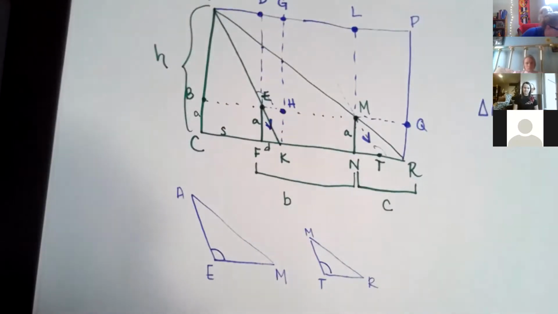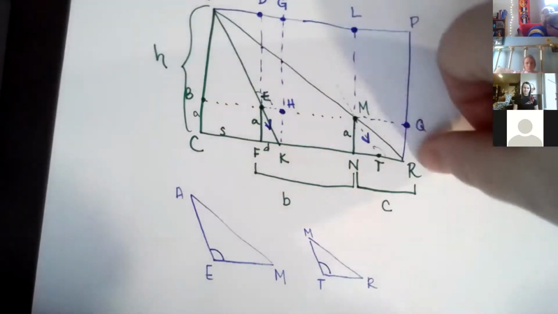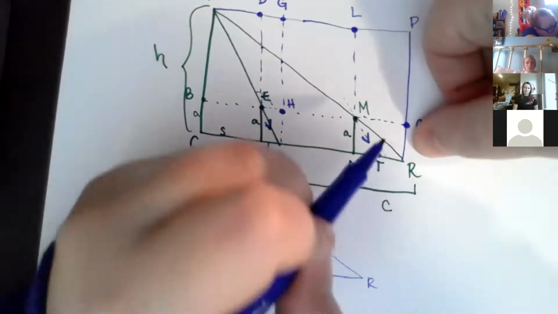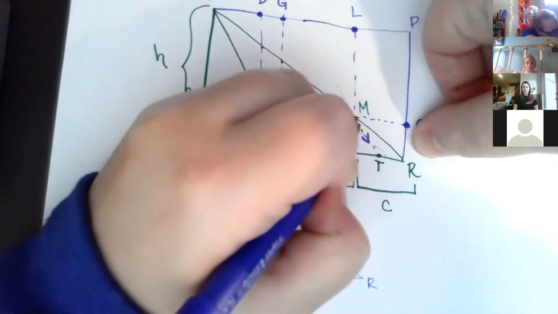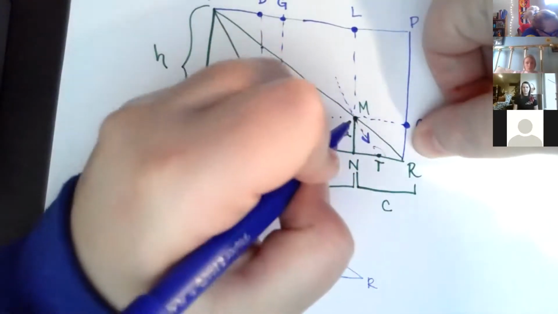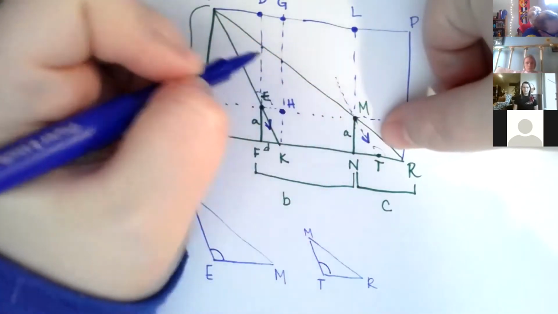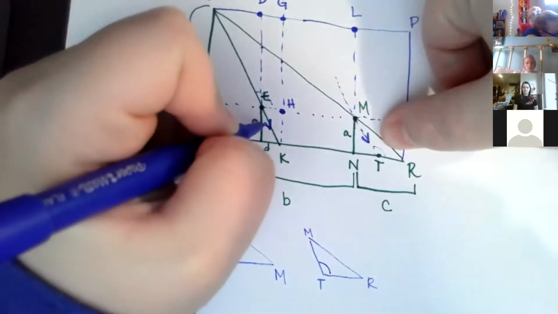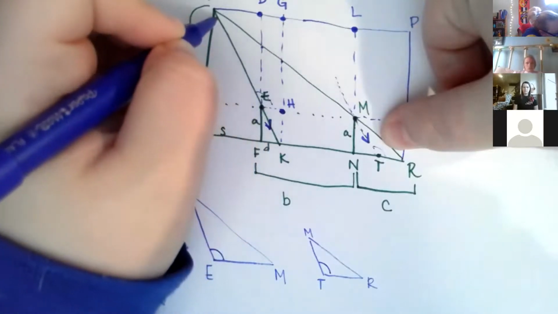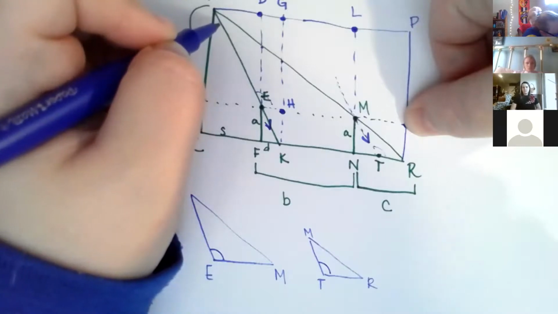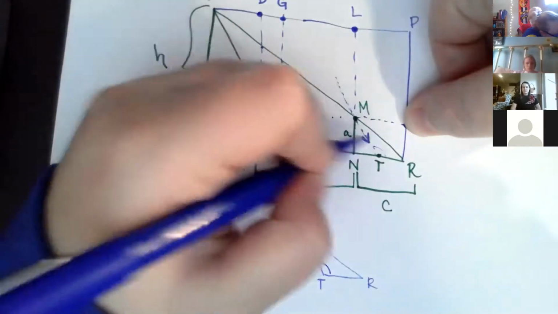AR intersects both the parallel lines, so wouldn't they have the same angle? So AR is a transversal for those two.